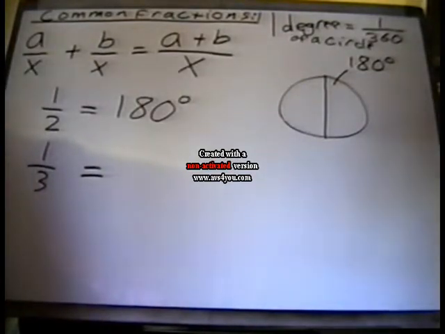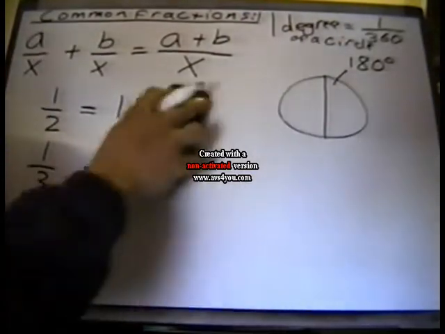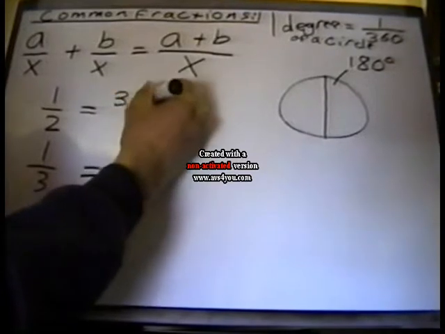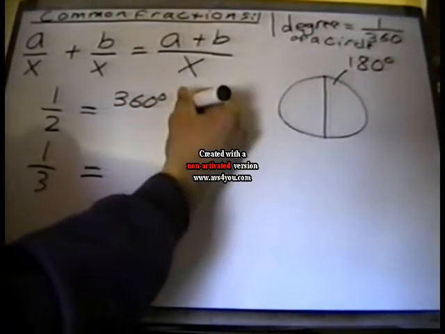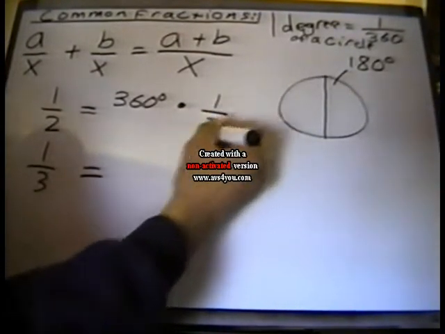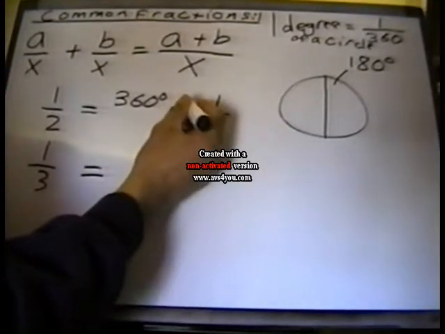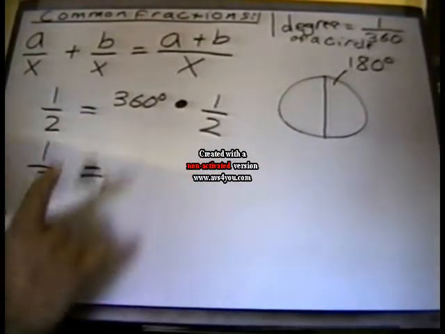We say one circle is 360 degrees. So in order to get 180 degrees, what we did was we took 360 degrees multiplied that by 1/2. And remember the multiplication symbol, we can say that's of. So it's 1/2 of 360.